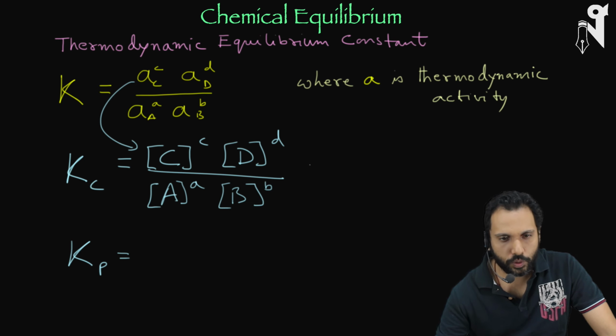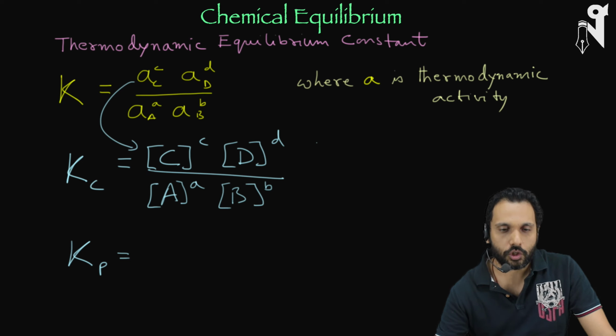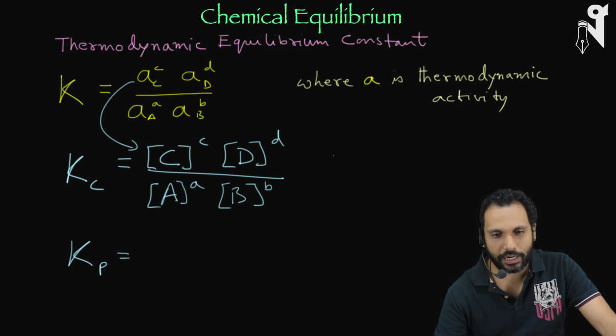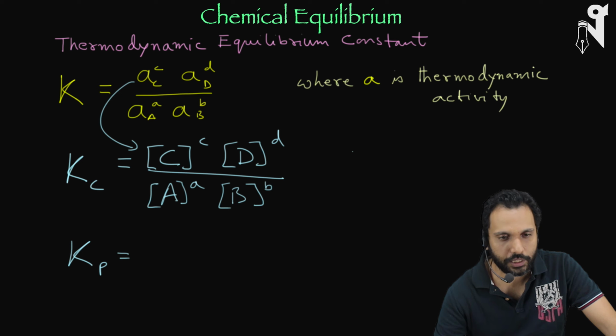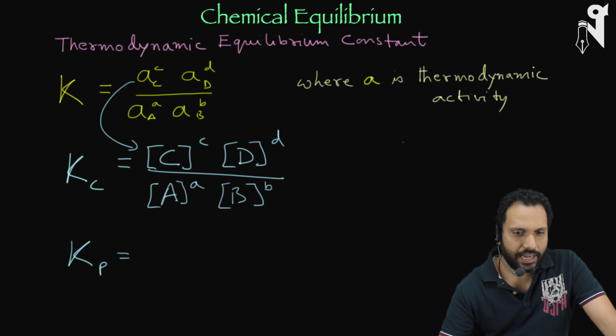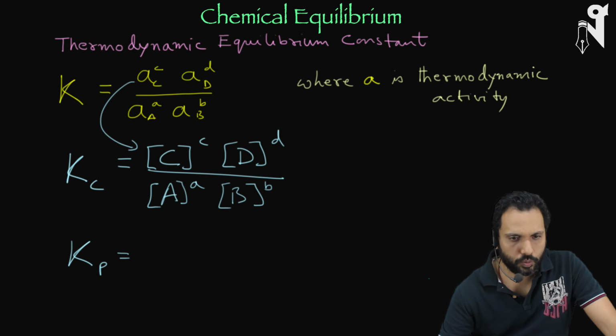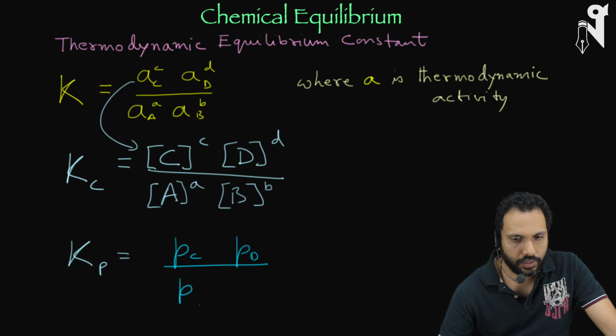It may land up with a certain unit if you're not imagining that the activity coefficient was there, but you need not report any units, because the activity coefficient will cancel out the units. The coefficient will have 1 by concentration unit. Similarly, your Kp value would be partial pressure of C, partial pressure of D, over partial pressure of A, partial pressure of B, raised to the stoichiometric coefficients in the equation.